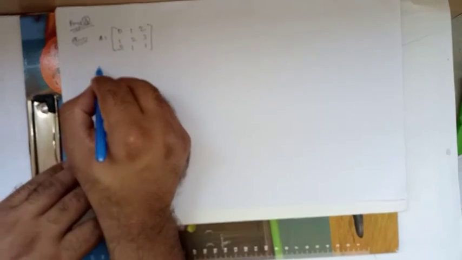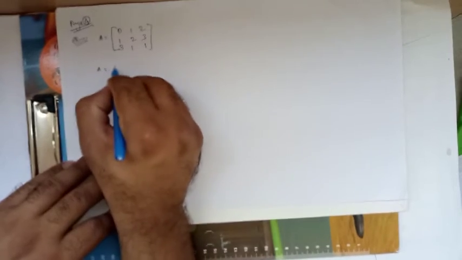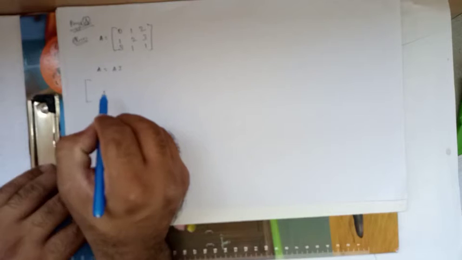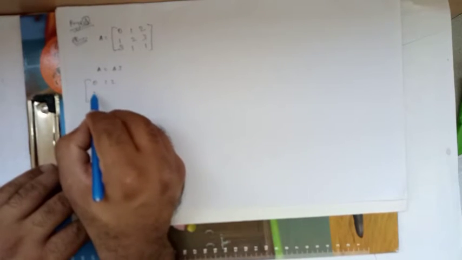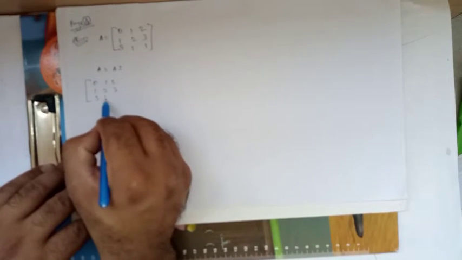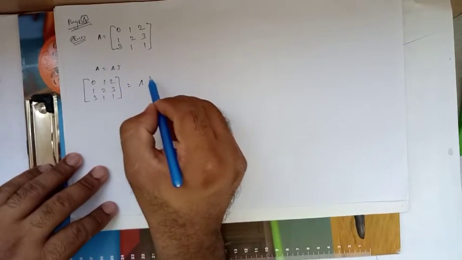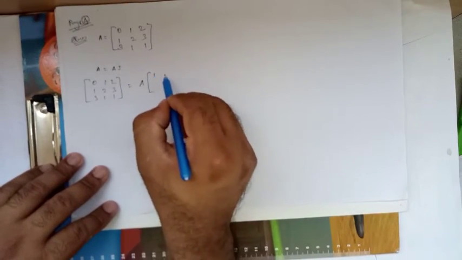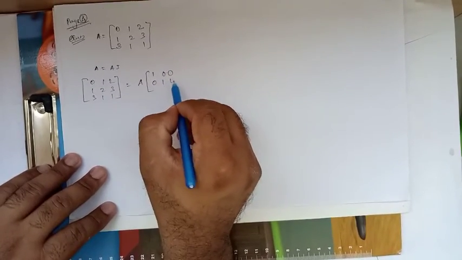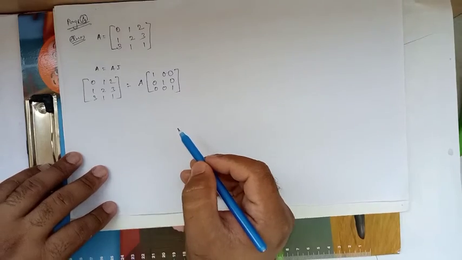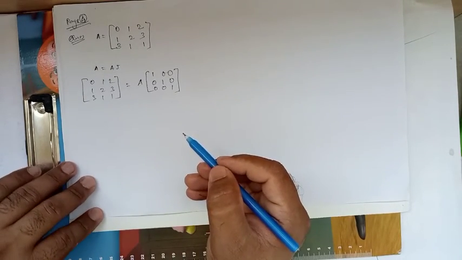First of all, write A equal to AI, and according to that we need to write A is 0 1 2 1 2 3 3 1 1, and this is AI. So A, I'm writing I: 1 0 0 0 1 0 0 0 1. This is I, that is identity matrix or unit matrix.